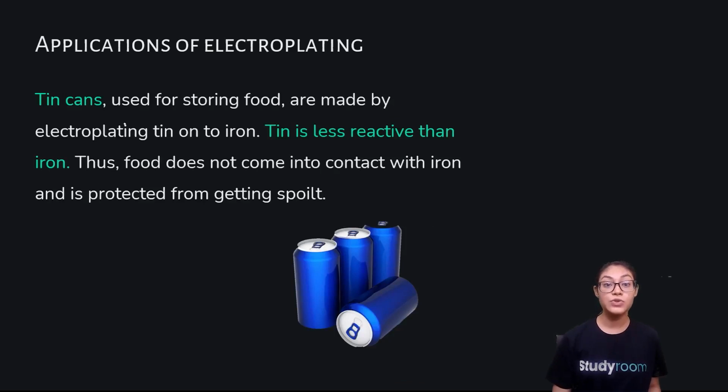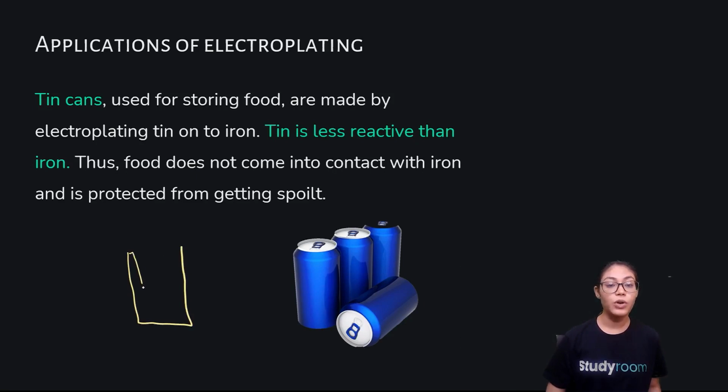Also, tin cans used for storing food are made by electroplating tin onto iron. Now, why is tin electroplated on iron? Iron is very reactive.